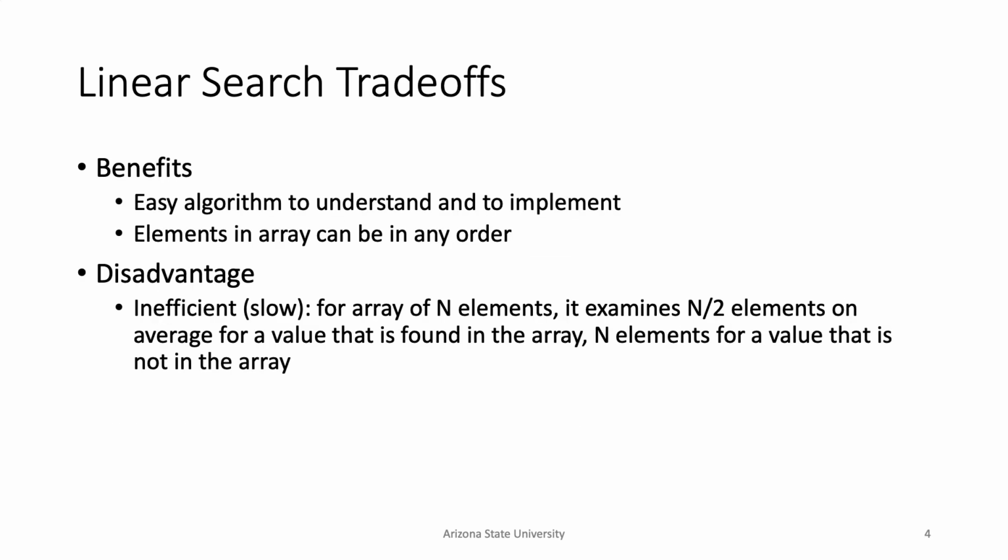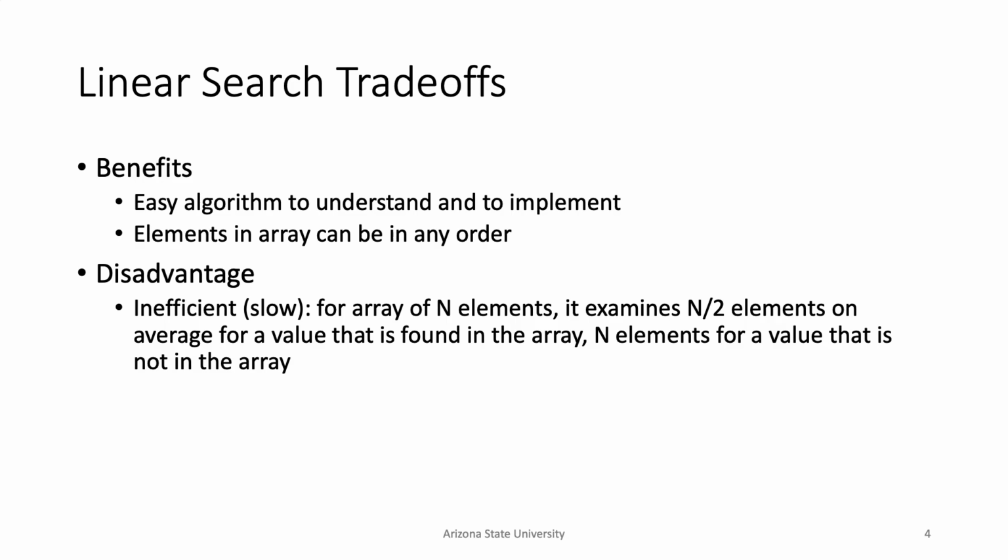Pretty simple. The benefit is it's super easy to implement, because we can just use a range-based for loop, or a normal loop. We can just say for int element in the array, in the vector or whatever, if the element we're looking at is equal to the one we're searching for, then it's in the list.